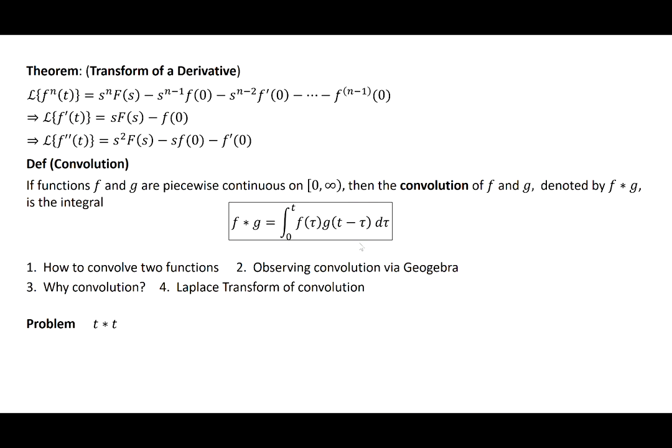Let's take a simple problem. What's t convolved with t? Don't tell me t times t is t square, man. No. It is sort of a multiplication, but it's not quite. So t convolved with t. Could you apply that definition and figure out t convolved with t?